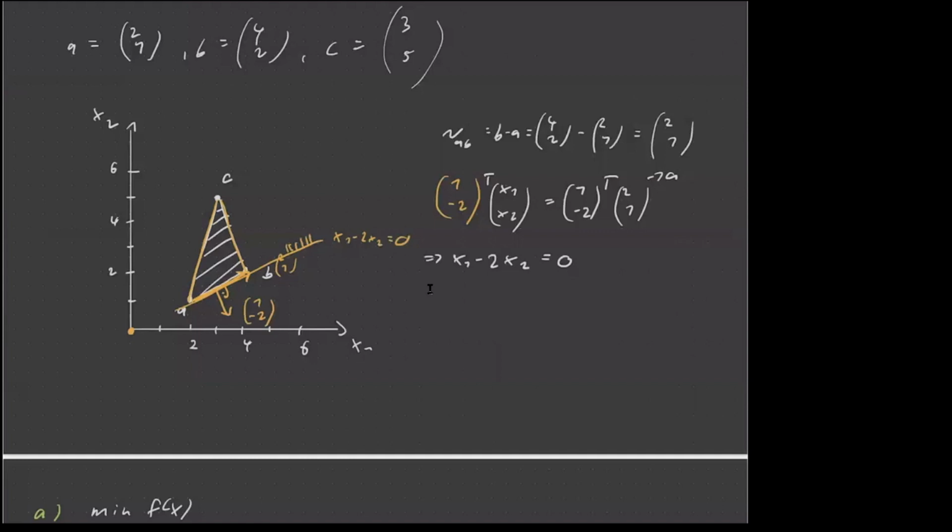Now, the only question that remains is, do we need less or equal or greater or equal to 0? And we can just find that out by experiment if you want. So imagine we are on that line somewhere, for example here. And then let's say we are decreasing our x1 values. We want to move in that direction, we want to decrease x1 values. Which direction of the inequality does that correspond to? If we decrease the x1 values, then this value gets lower.